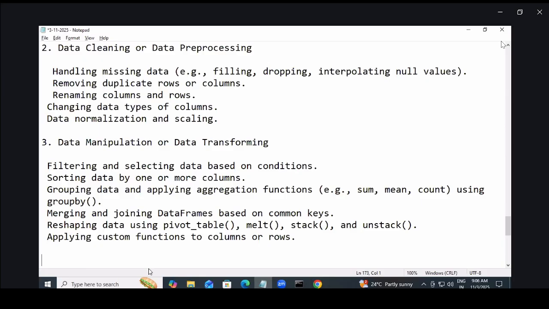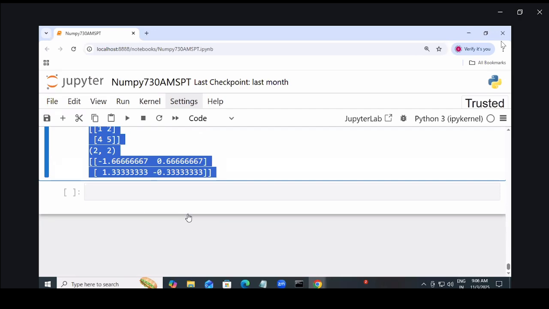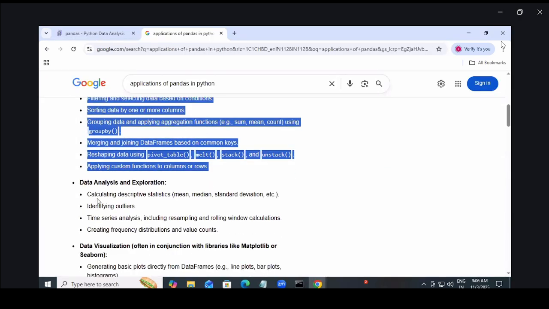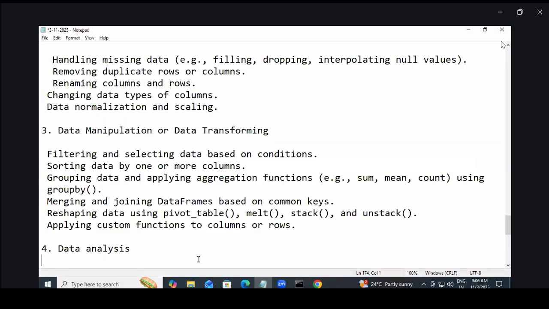Then the fourth step is data analysis, where you apply some statistical operations. And the last one, the fifth, is data visualization. This is a pipeline.